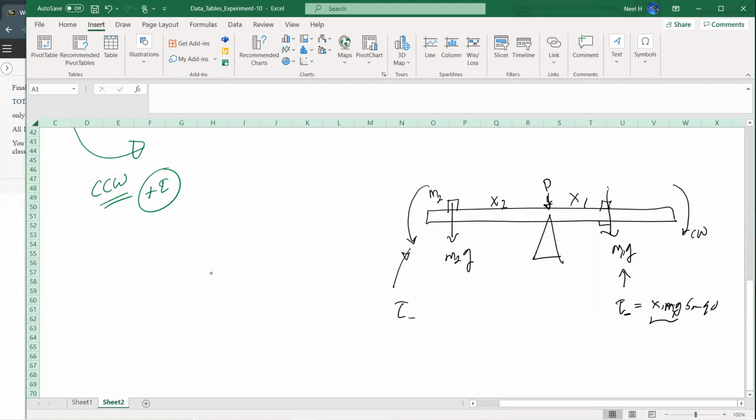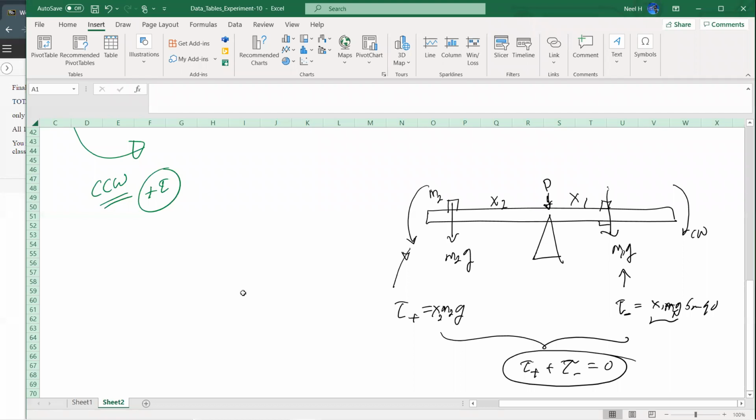As a result, that's going to be a positive tau, which is equal to m2g times x2. Now this one is a positive number, this one is a negative number. So if you add tau plus and tau minus together, I should get 0, which means the object is at rest.